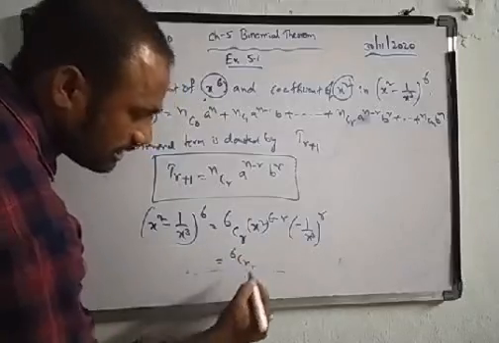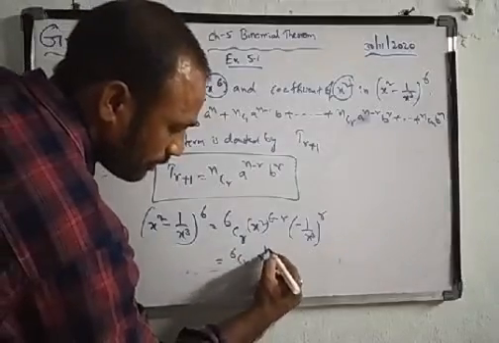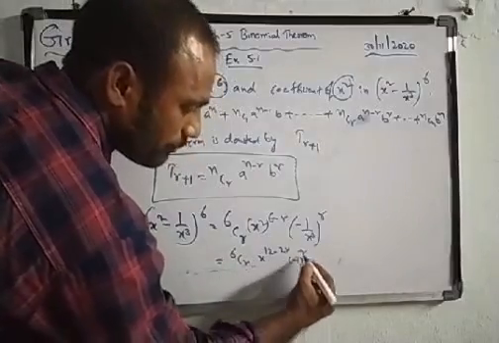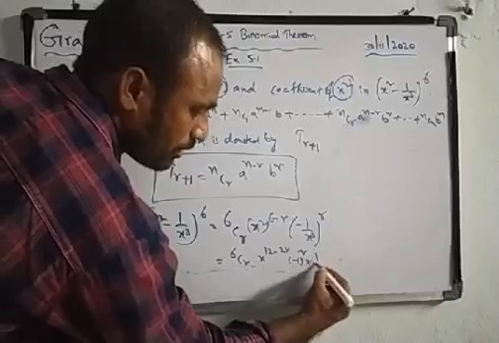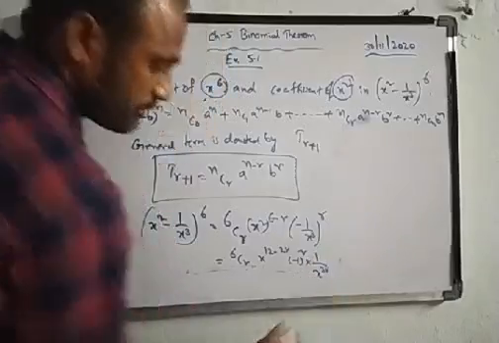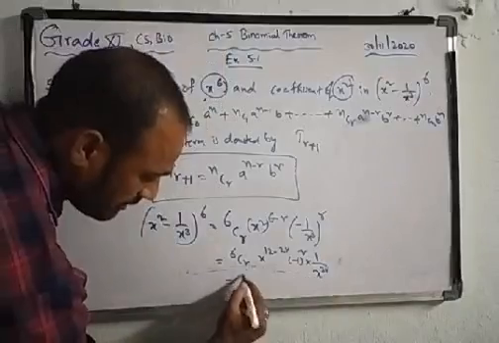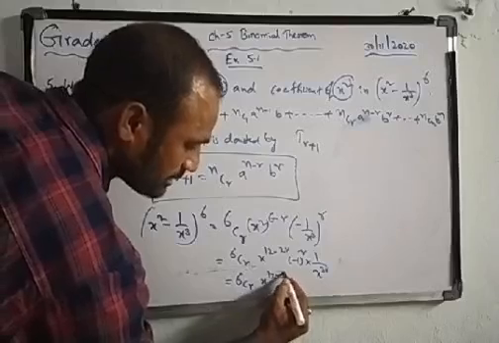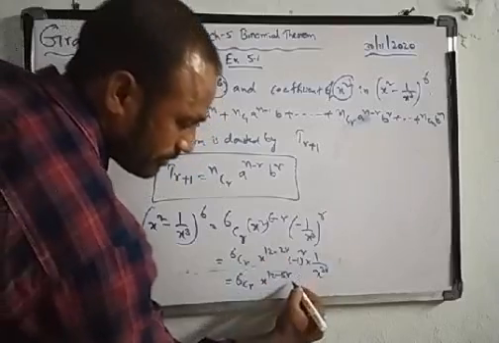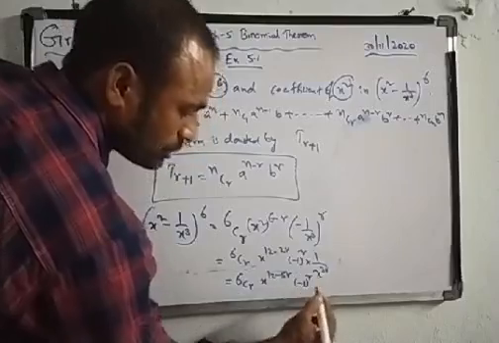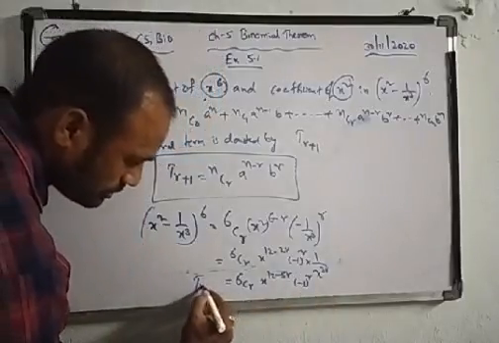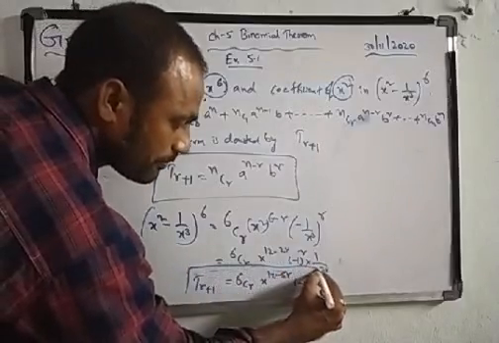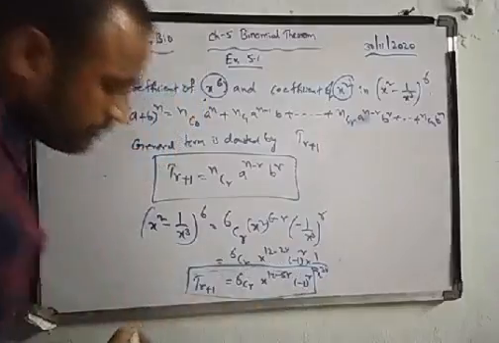So that is 6Cr x to the power of 12 minus 2r, so minus 1 to the power of r into 1 by x power 3r. So this can be written as 6Cr x to the power of 12 minus 5r into minus 1 whole to the power of r. So this is t of r plus 1.